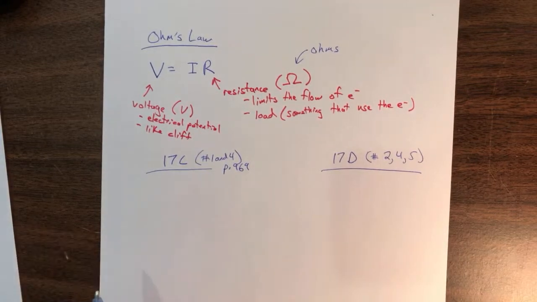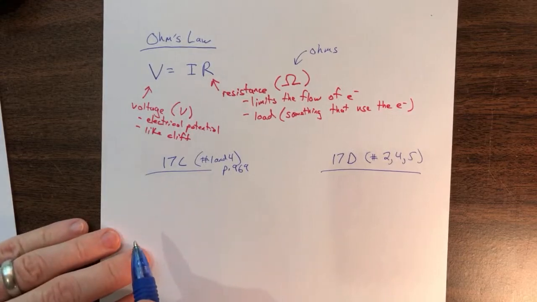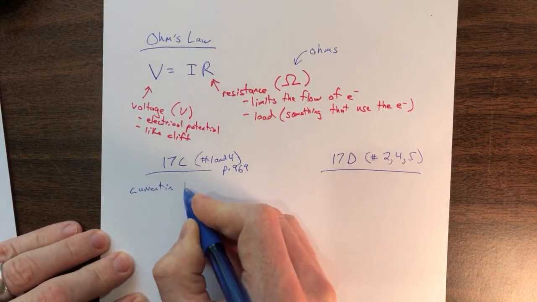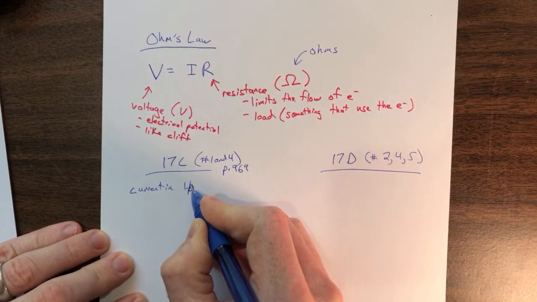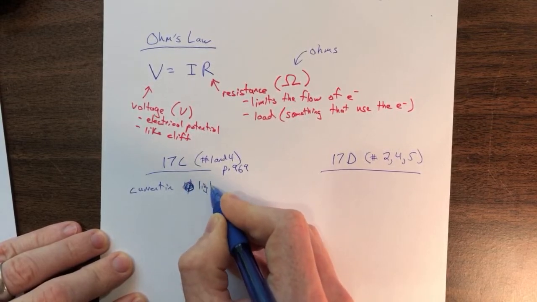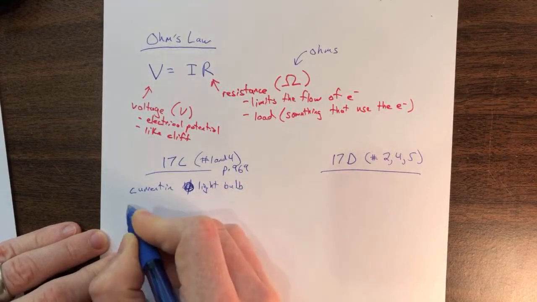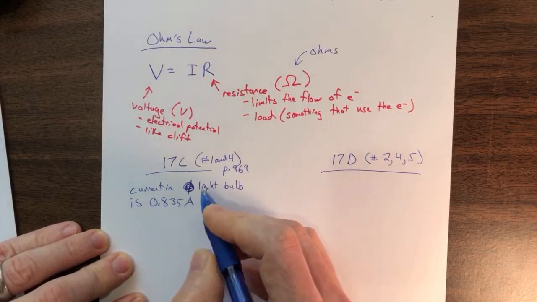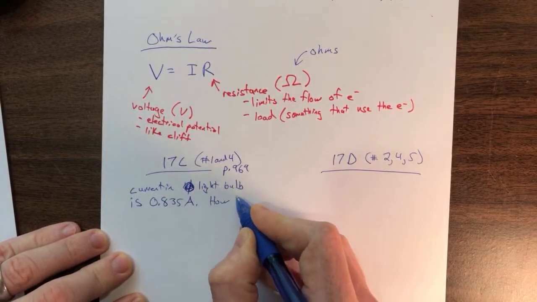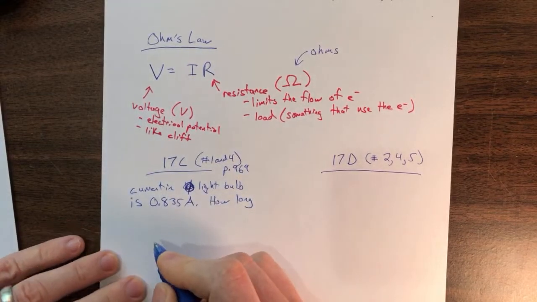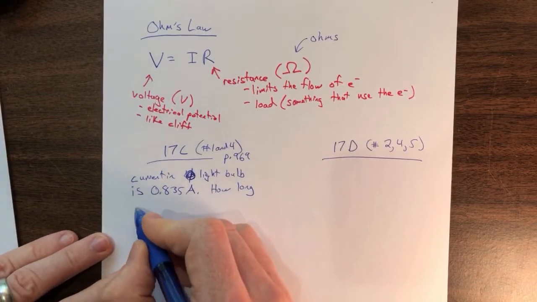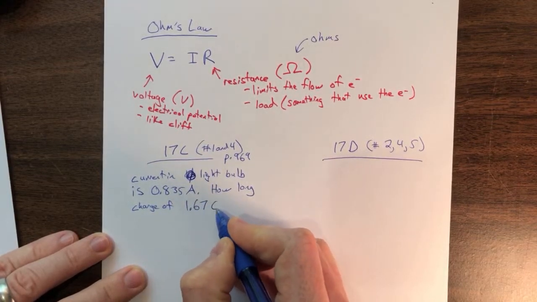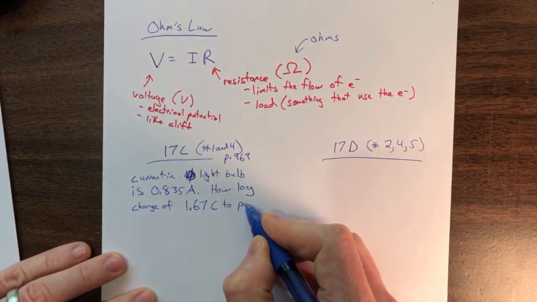It says the current in a light bulb is 0.835 amps, and we want to know how long it takes for a total charge of 1.67 coulombs to pass through. So we're solving for time.